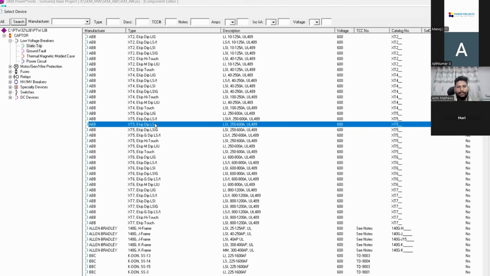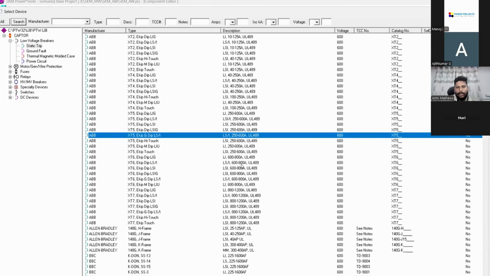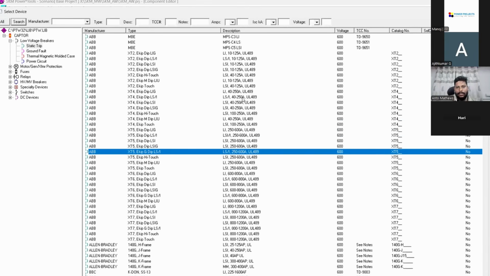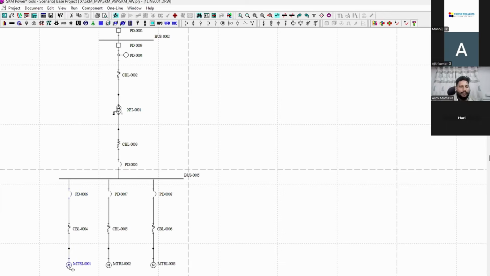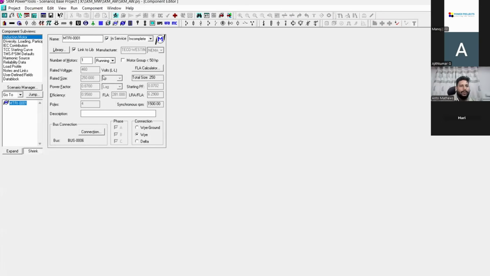Or I can go lower. So what is my breaker, what is my motor rating? I have to identify. On my 250 HP motor, the full load current is 281.